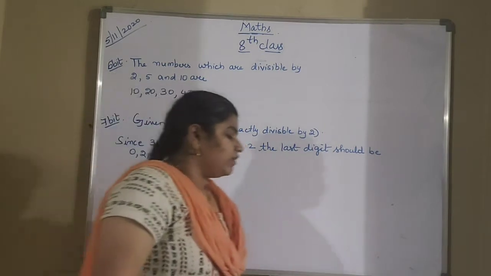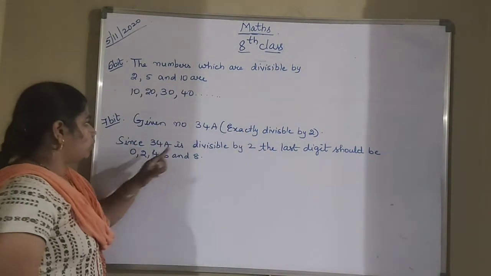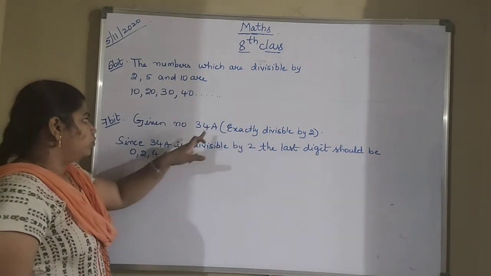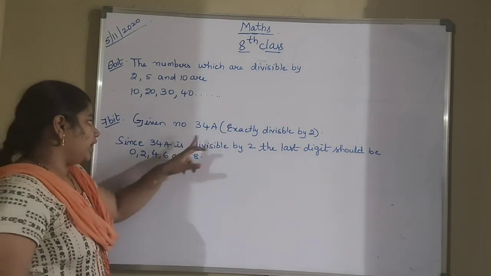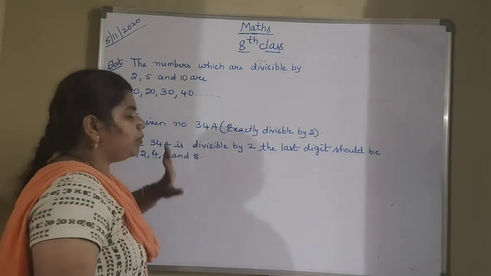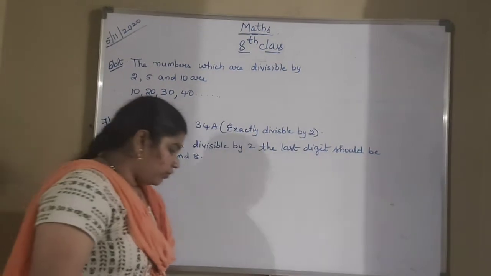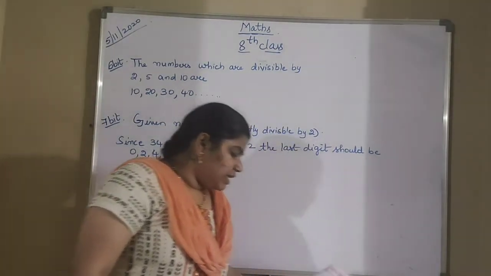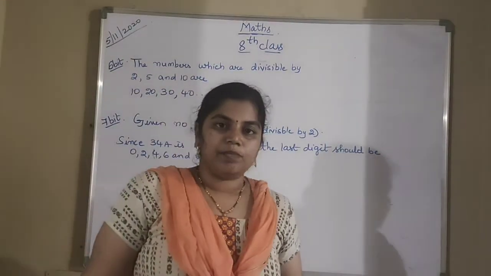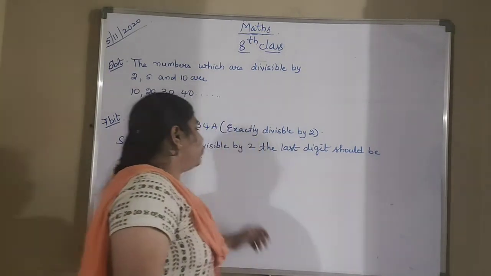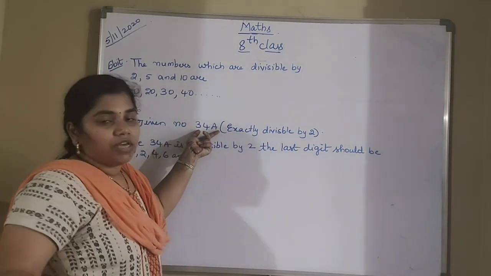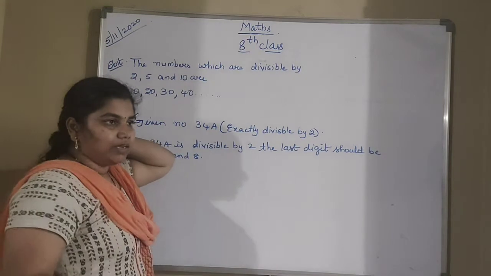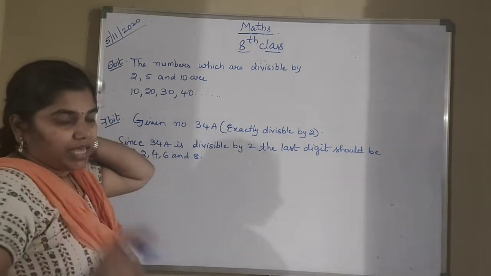So here a value can be 0 or 2 or 4 or 6 or 8. Next condition they have given, leaves a remainder 1 when divided by 5. If you divide this number by 5, it leaves a remainder 1. So we have to find the a value.